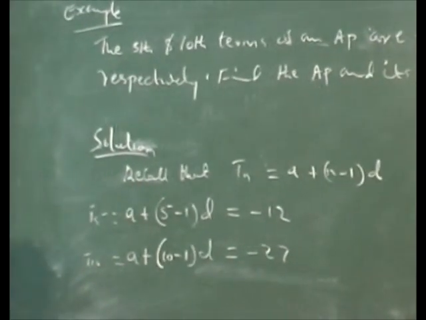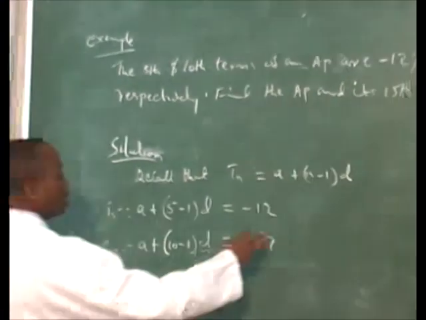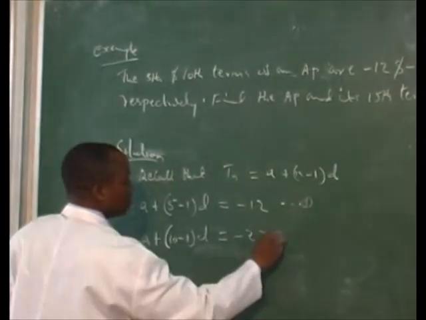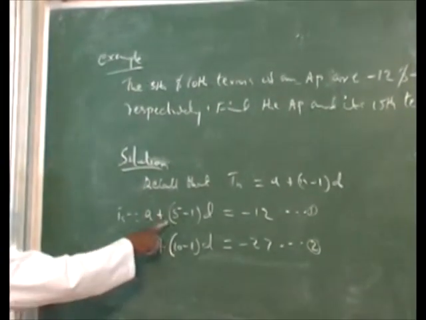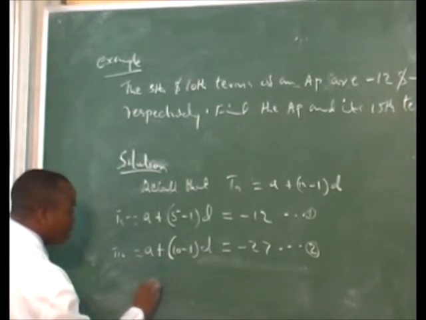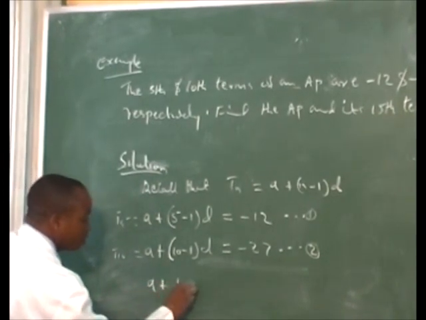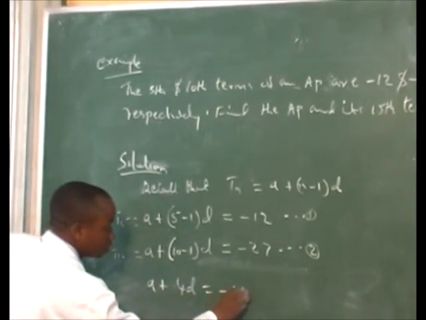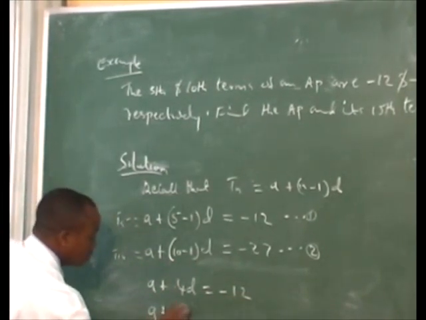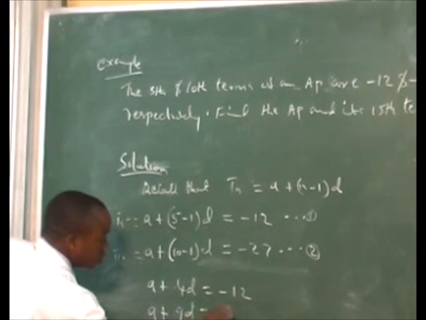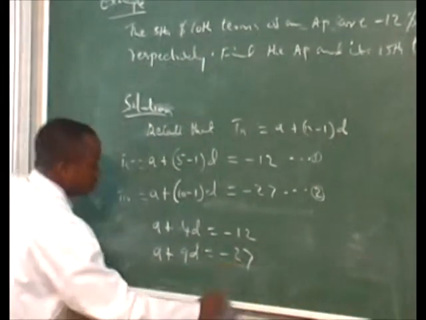Let me call this one 1, and this 2. It means that from 1, I have a plus 4d is equal to minus 12, and from 2, I have a plus 9d is equal to minus 27.